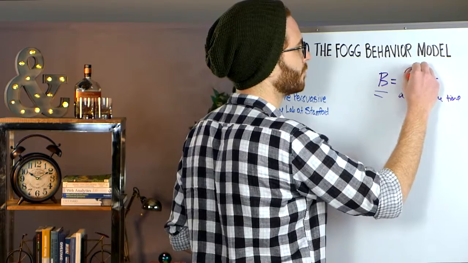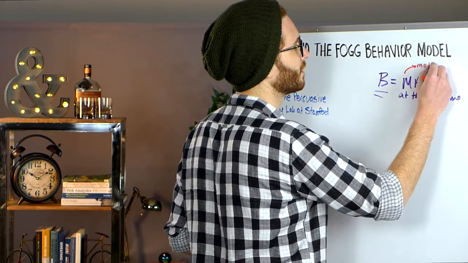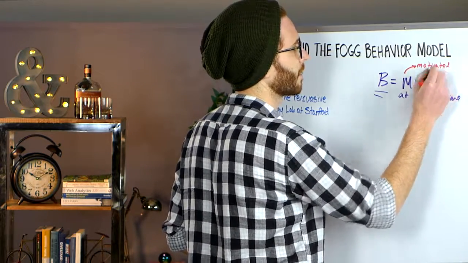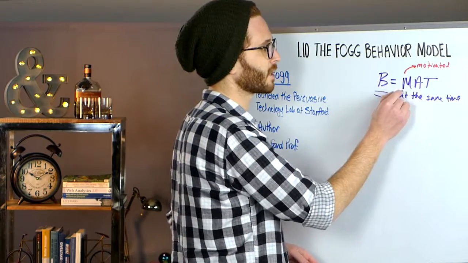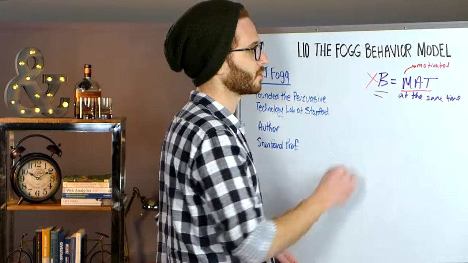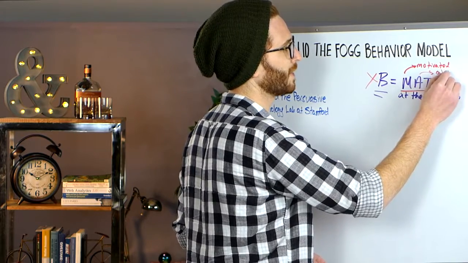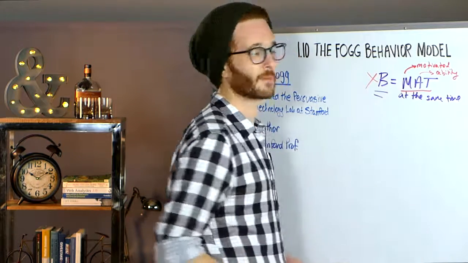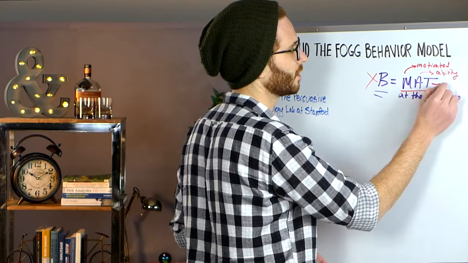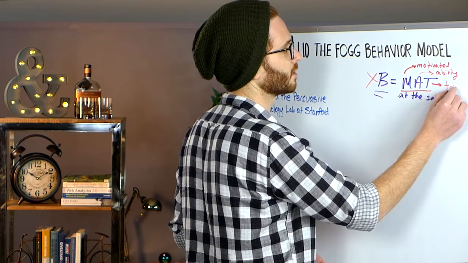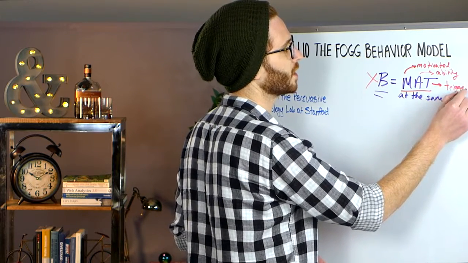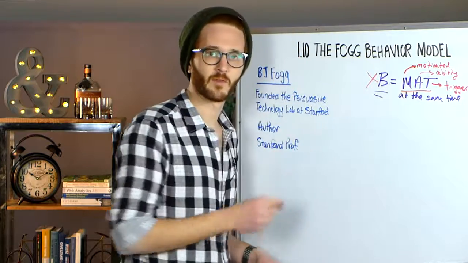M, you need motivation. You need to be motivated to act. If any one of these three elements are missing, there's no behavior. A, you need ability. You need to be able to actually carry out that behavior. T is trigger. Something has to spark or initiate that behavior.